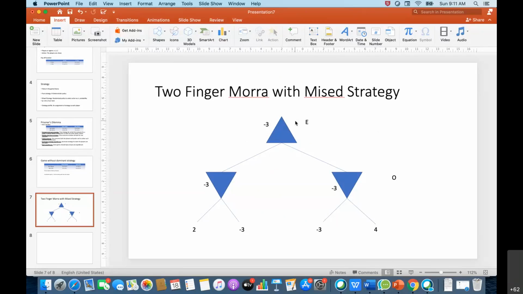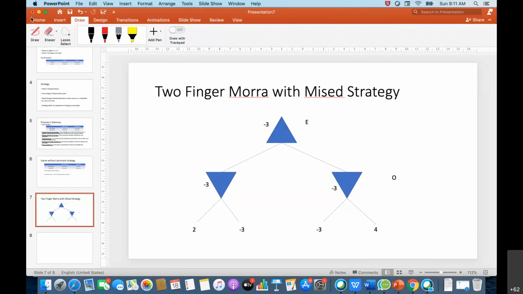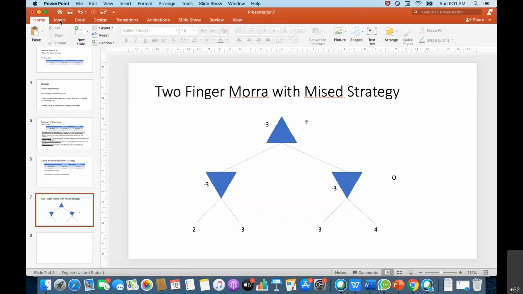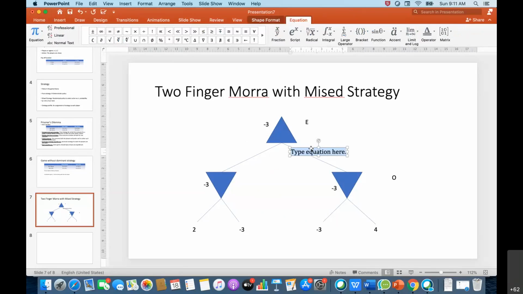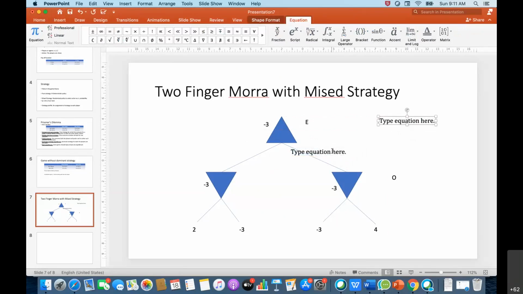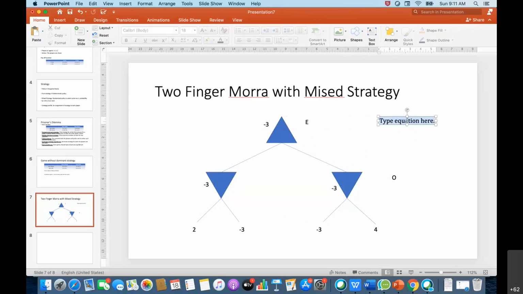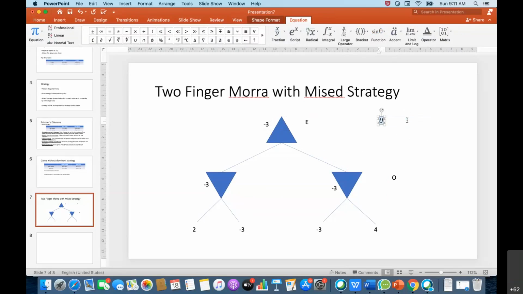So this utility that we are getting is being represented by u of E, comma O, and that should have a minimum value of -3.